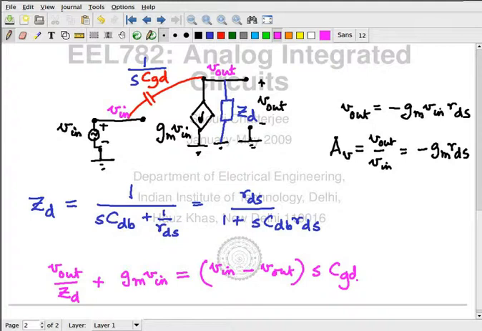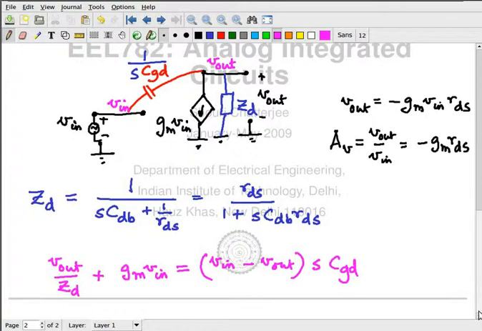The sum of the three currents going in three different directions is equal to 0, and then I've put 1 on the other side, and then you have to put all the Vouts together, all the Vins together, and you have to rearrange the equation.